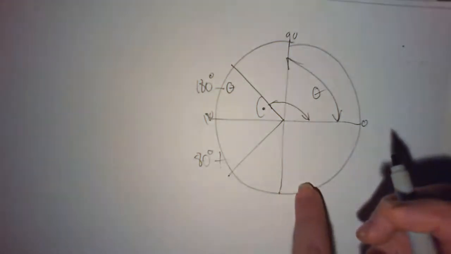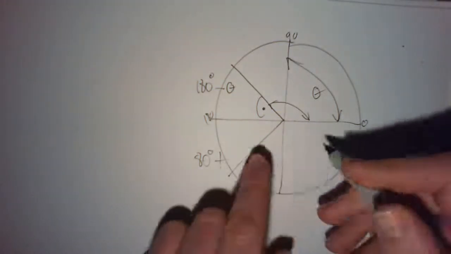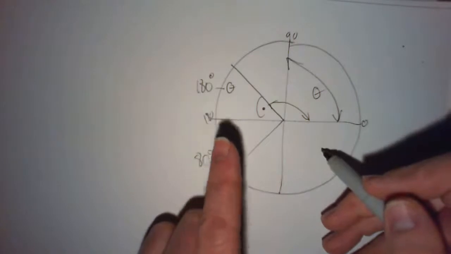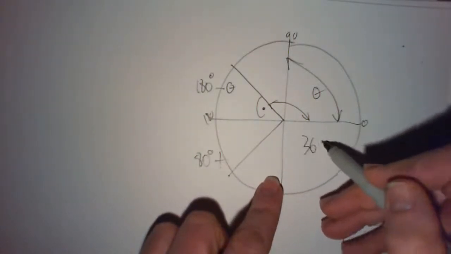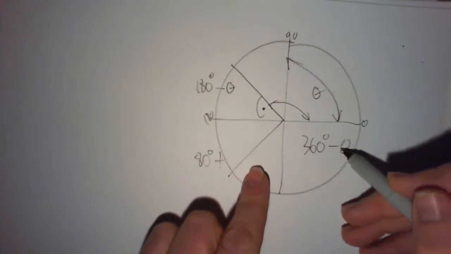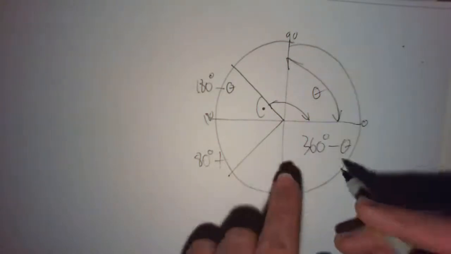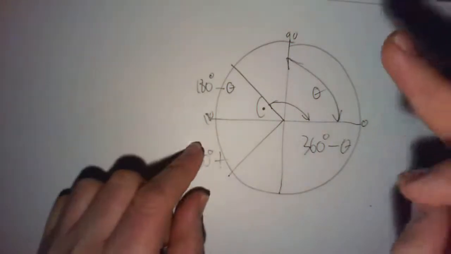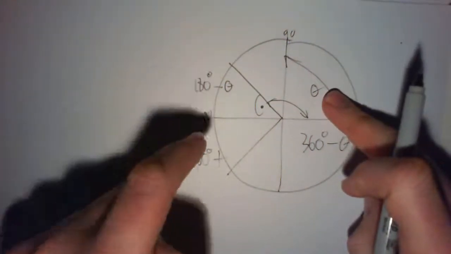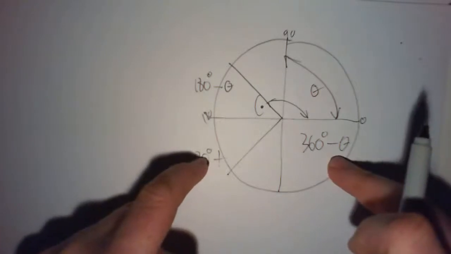And once you creep past here, any angle that makes it the whole way around into the fourth quadrant is going to be 360 minus that angle to give you the reference angle, because then it'll give you the acute version. So it's either going to be 180 minus it, 180 plus it, or 360 minus it.